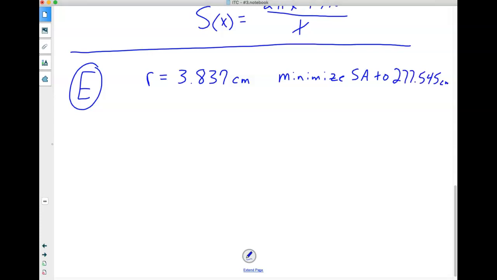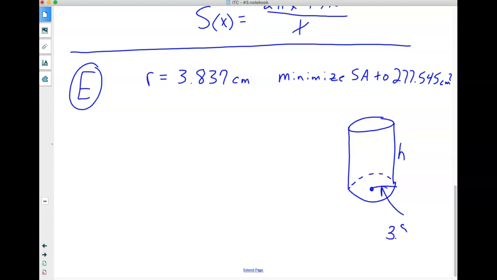277.545 centimeters squared. Okay. But they want to know the dimensions to give the dimensions of my original can. Remember, we not only needed radius, we also needed height. We know the radius is 3.837 centimeters. What the heck is the height?